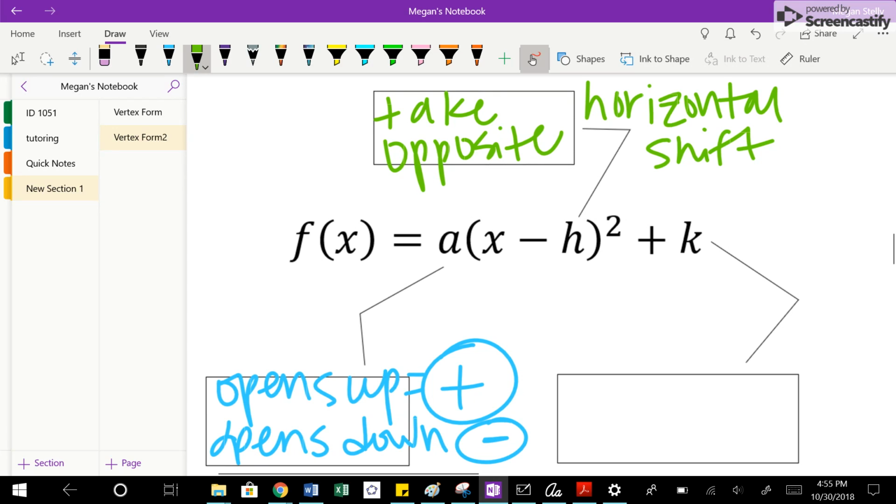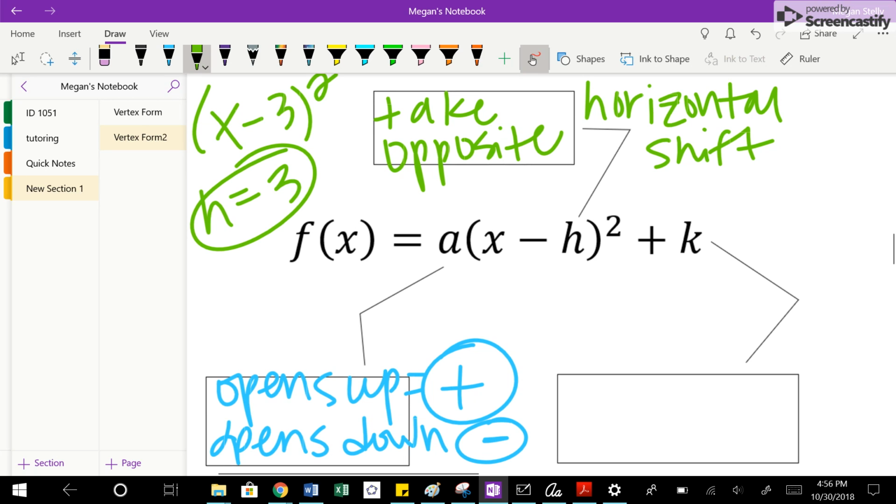So if it says minus h, you're going to take the opposite of it. So it's really going to be positive. So off to the side here, we're going to do an example. If it says (x minus 3) squared, h really is positive 3. You take the opposite of it. And so it's going to tell you if it's moving left or right. So (x minus 3) squared moves to the right.